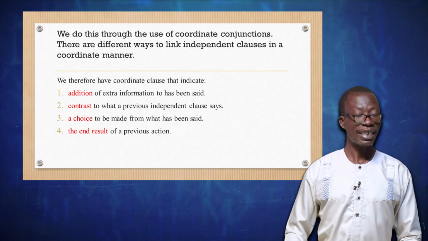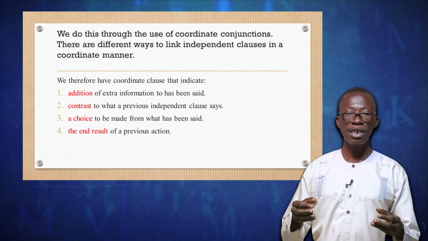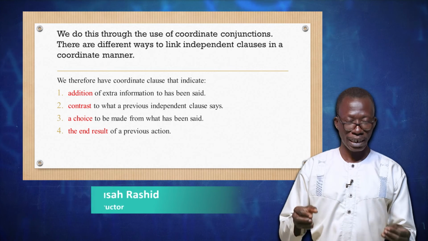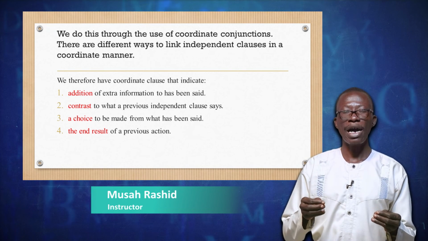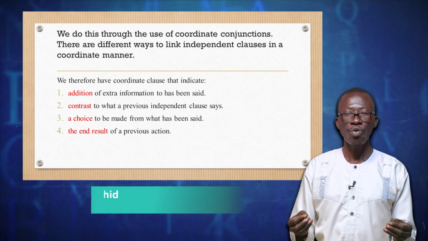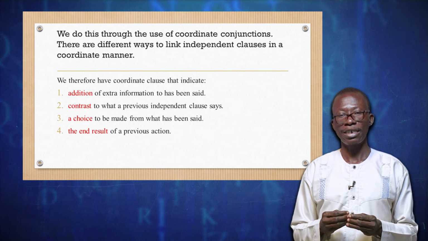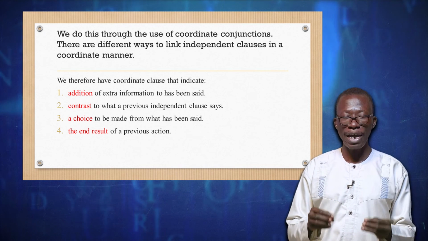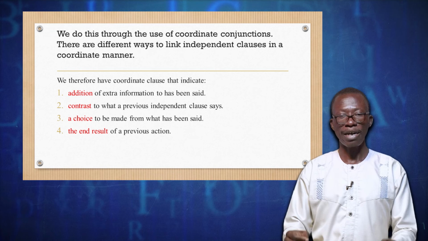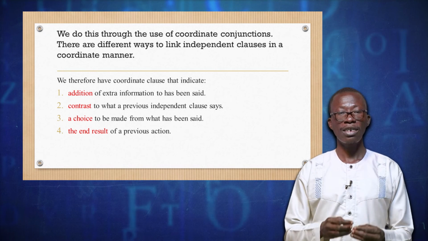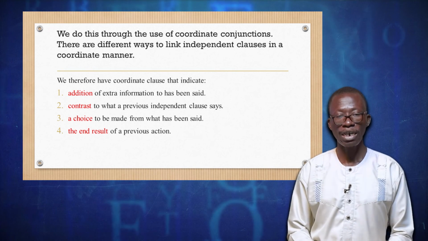In our next lesson, we shall pick each one and discuss in detail for us to understand how we are able to coordinate our sentences so that when we are doing this in writing, the message we want to put across becomes very clear.